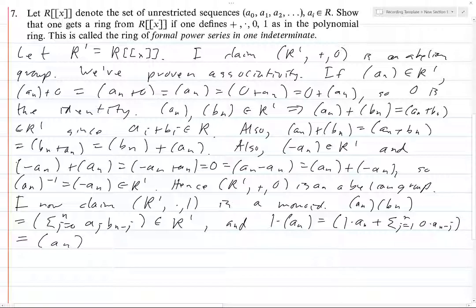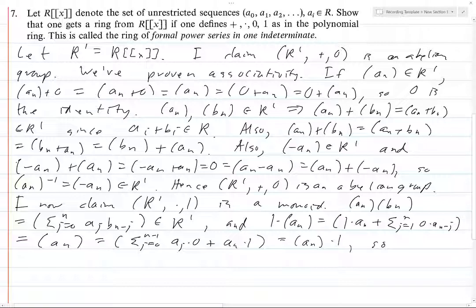And then if we go backwards, from j equals 0 to n minus 1, aj times 0 plus an times 1, that's just a trivial equality. But then you can check this is the formula for an times 1.